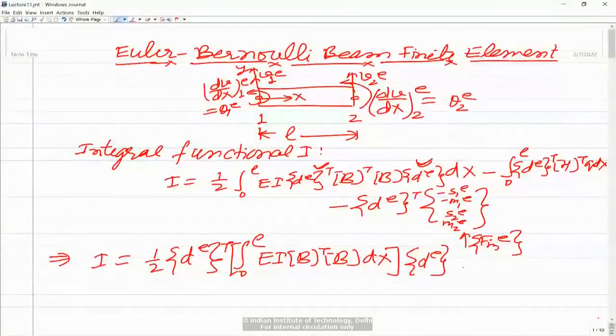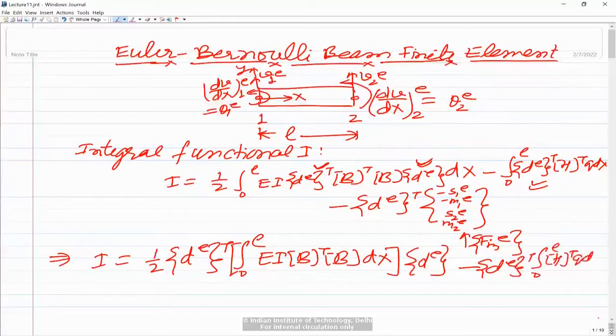Similarly, in this term, d transpose can be taken out of the integration sign, so we have d transpose and then integral 0 to L h transpose into q dx. And the last term is d transpose into f internal, the internal load vector. So this is what we will have.